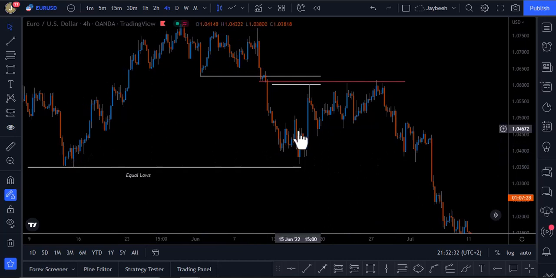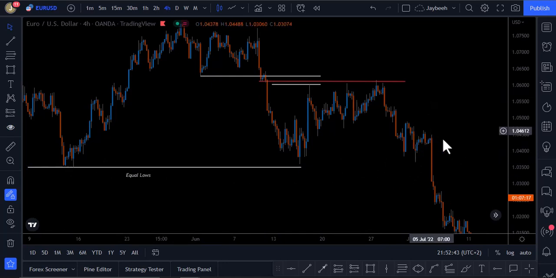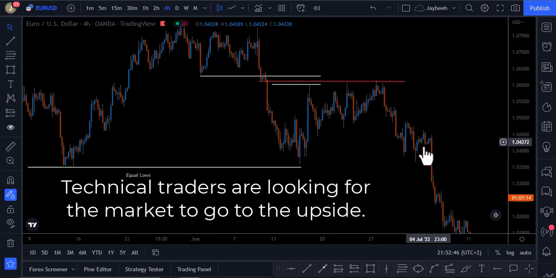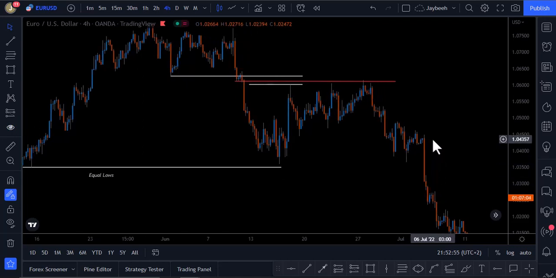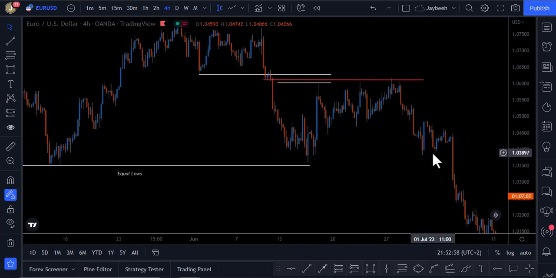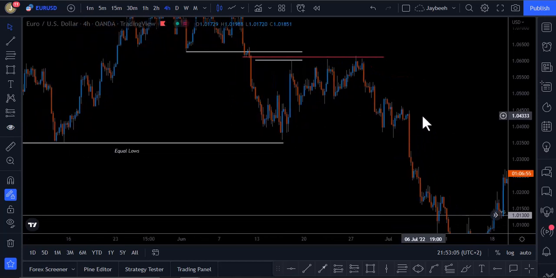As you can see, this low, this low and this low, the technical traders see the triple bottom. So as they see it, they are looking to buy this market and go to the upside. But look how the market opposed that theory. Look at this candle, the speed and how it broke this triple bottom here.